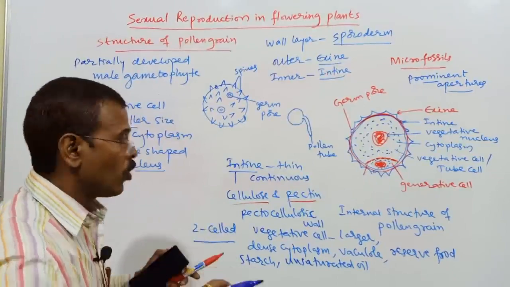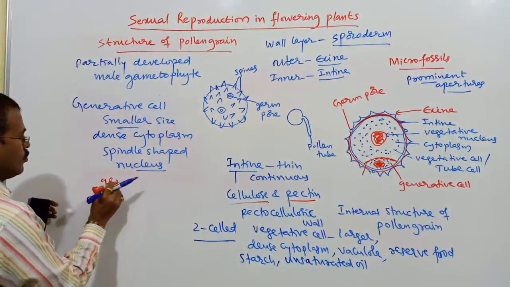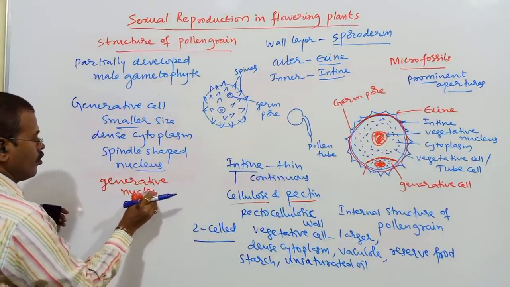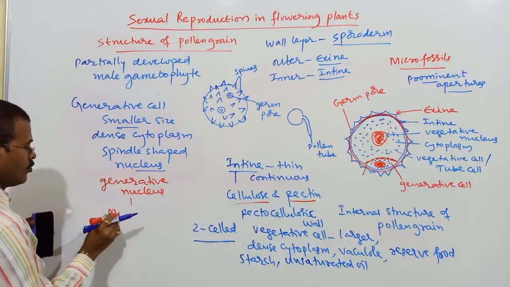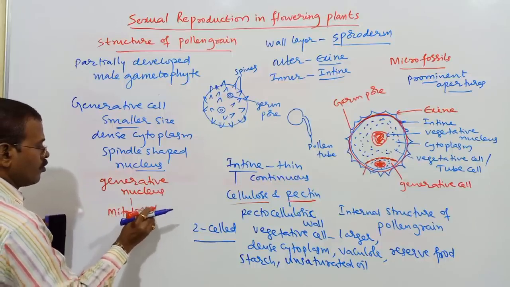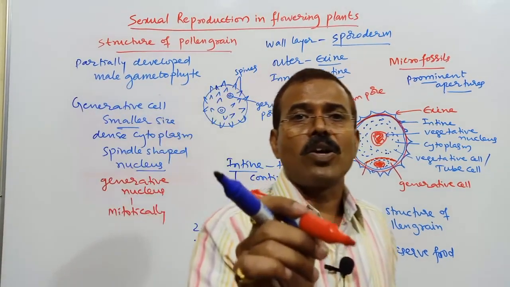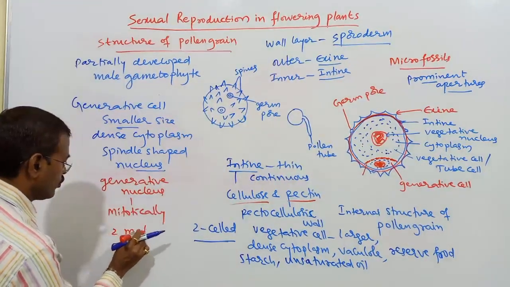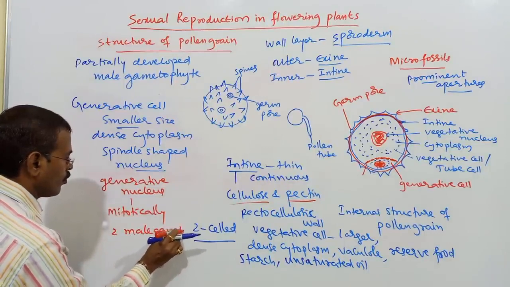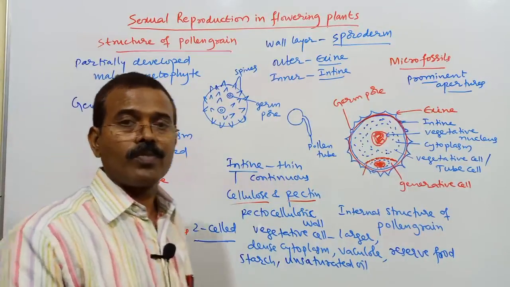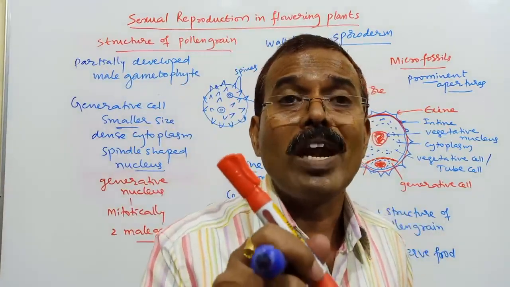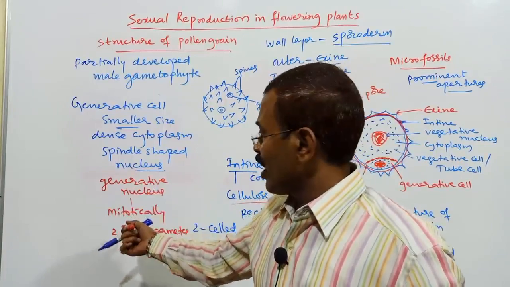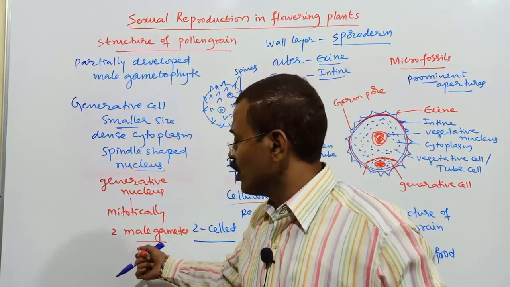This generative nucleus can divide mitotically and produce two male gametes.